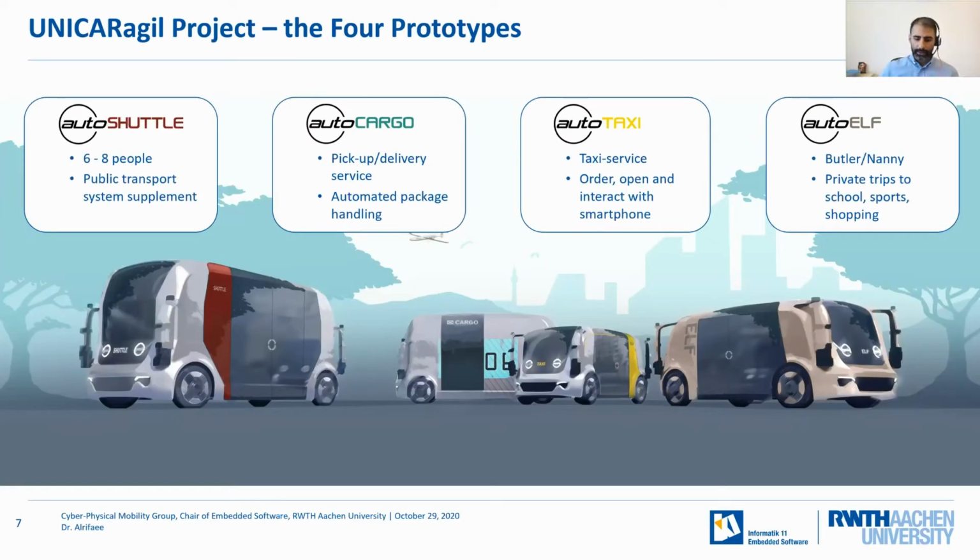So here we see some pictures of vehicles from another project. It's named Unica Agile. You can go also to the website. What we are doing in this project is we are developing a software architecture. It is service-oriented software architecture.